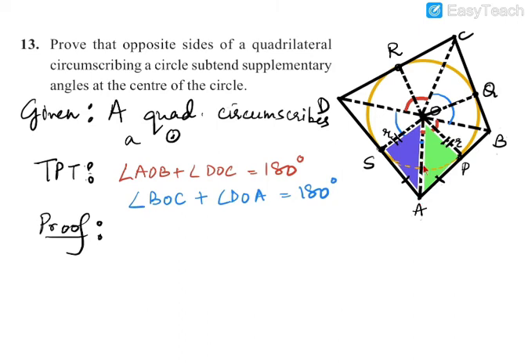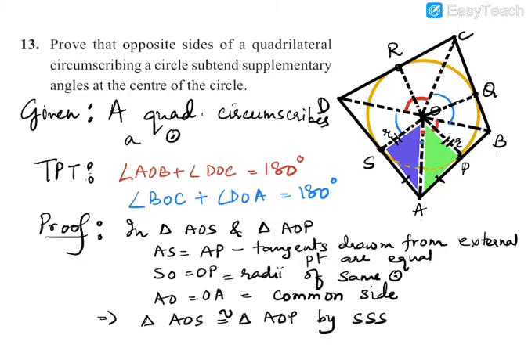And OA is a common side. So these two triangles are congruent by SSS criteria. Since these two triangles are congruent, their corresponding angles are also equal. So we can mark angle SOA equal to angle POA. Let's label these equal angles as X.